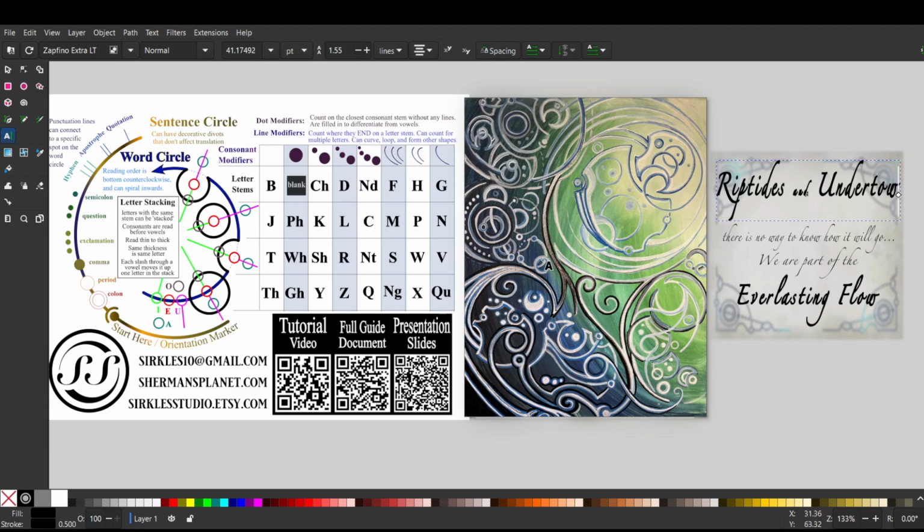We have the next word is T-H-E-R-E, there, T-H-E-R-E, 1, 2, 3 dots on the R. And then our closest word, so we have a couple. Here's another fun sentence thing. So this is kind of like, I imagine it as like a connector word bringing us to this sentence circle, and this sentence circle we do the normal bottom counterclockwise thing.